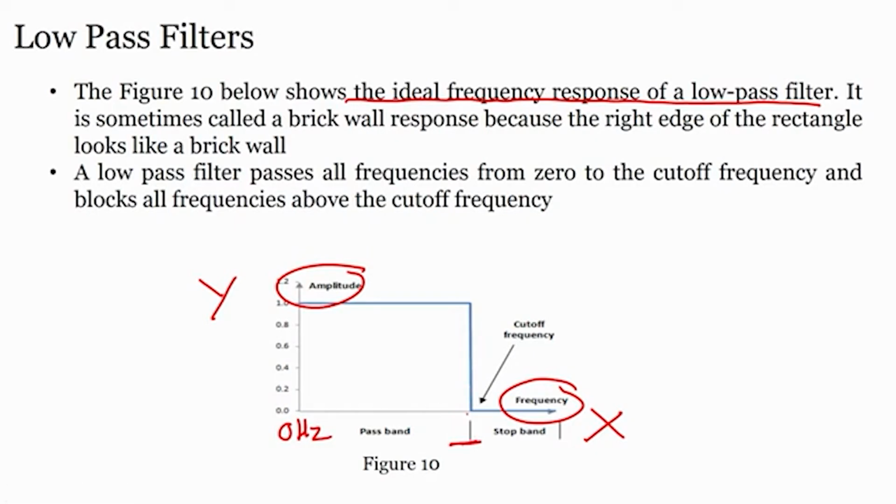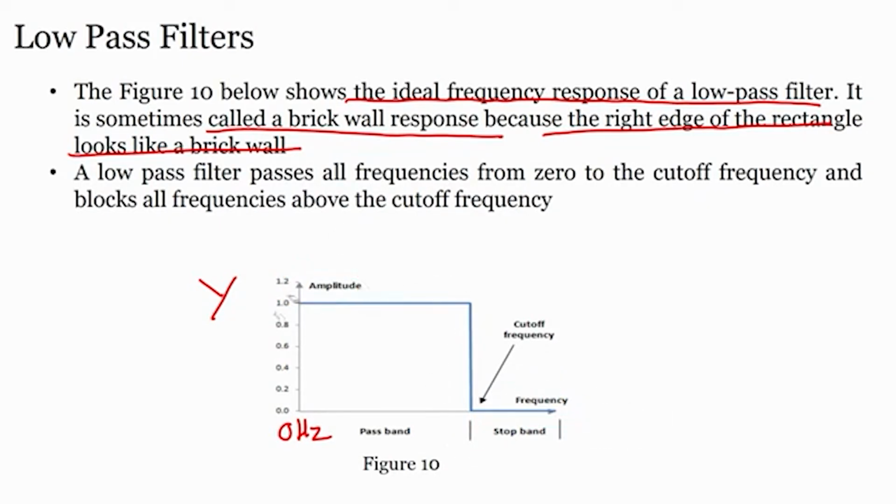This is our cutoff frequency Fc, alright. It is sometimes called a brick wall response because the right edge of the rectangle looks like a brick wall. You all have seen a brick wall, right. So you see this one, alright.